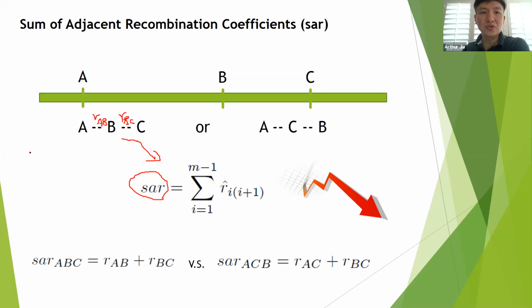So this is your SAR for ABC by definition. Is that clear?